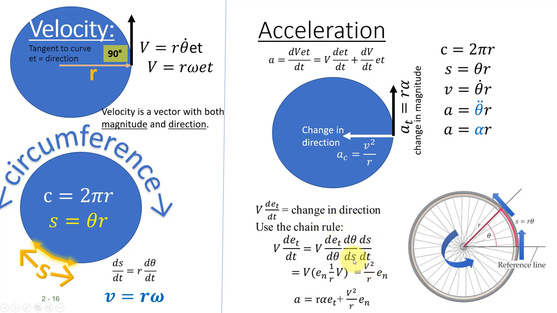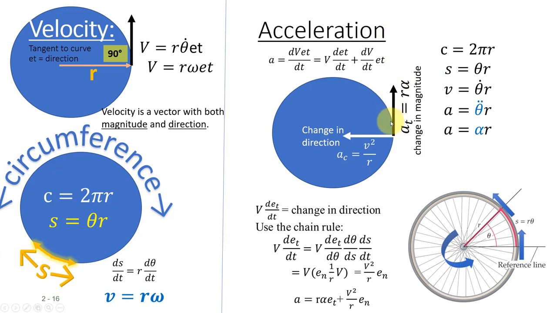How the angle is changing with s, dθ/ds, this is like s equals rθ, circumference equals 2πr. This ends up being your 1 over r. And the tangent direction, how that is changing with angle, is it's being pulled in to the center. So the direction change is centripetal, like flower petals, centripetal. It's center seeking. So I'm pulling this in. It wants to go flying off in a straight line.